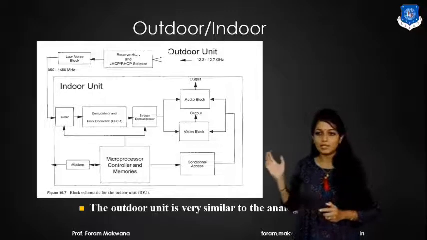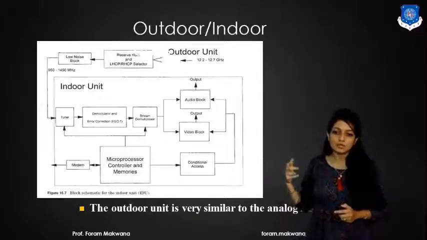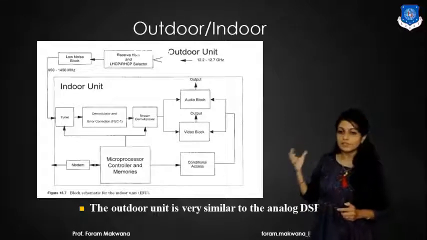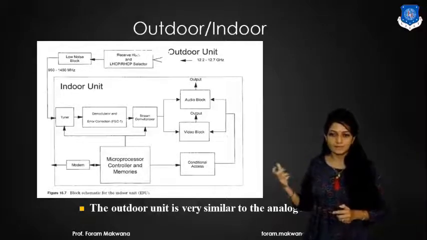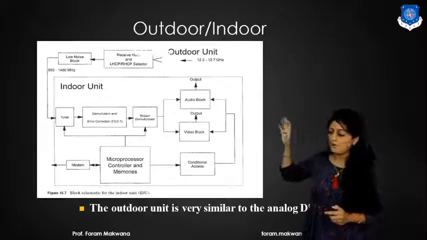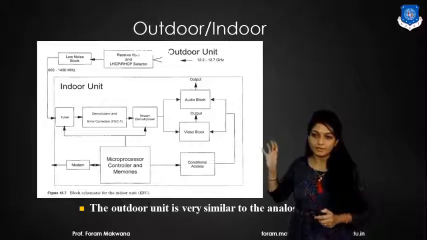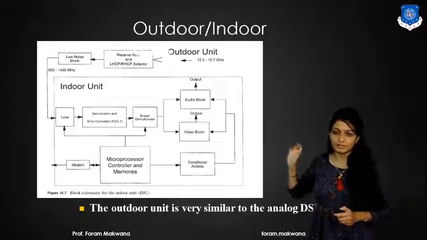The indoor unit first consists of a tuner, which is used to select the frequency we need. Then we do the demodulation and the error correction.